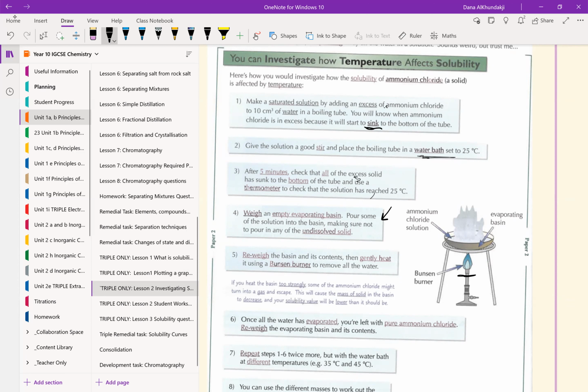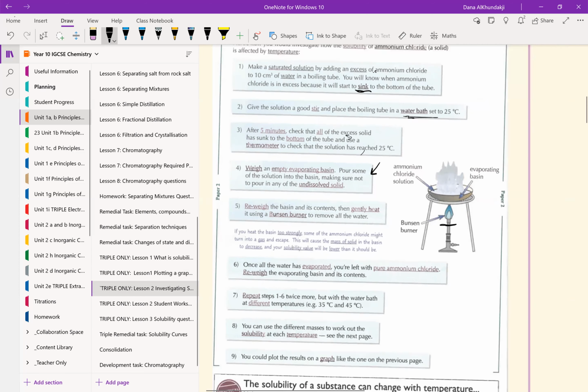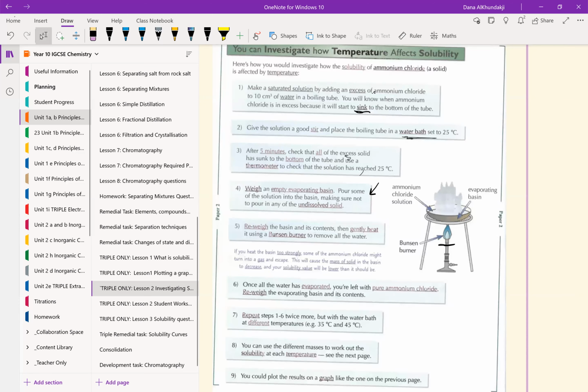You're going to keep heating it, and then reweigh it once you have evaporated some. Then you're going to see the total mass with the evaporating basin, and then you will see how much of the solid was left. You're going to repeat these steps at different temperatures. Okay, so if you pause the video, you can go through these steps.